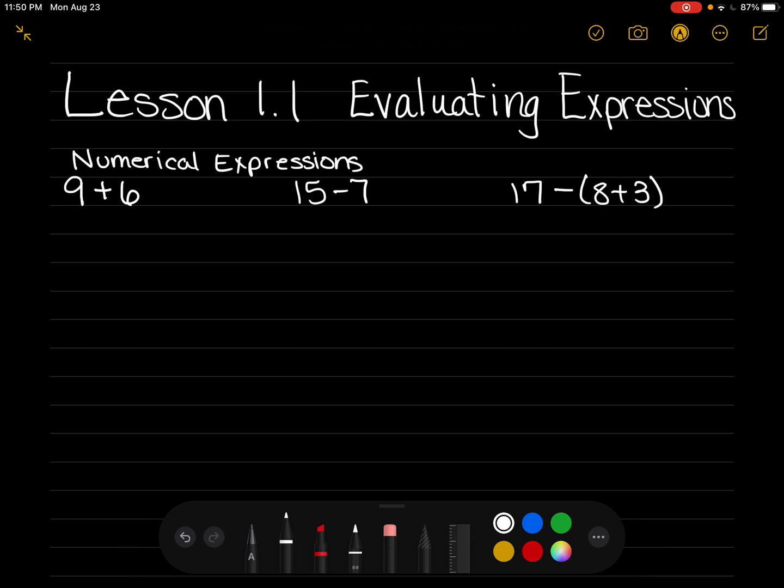You evaluate a numerical expression by finding the number that it represents. To find the answer to one of these, you would either add here, subtract here, and of course in this one you would do both, right? So let's evaluate this last one.